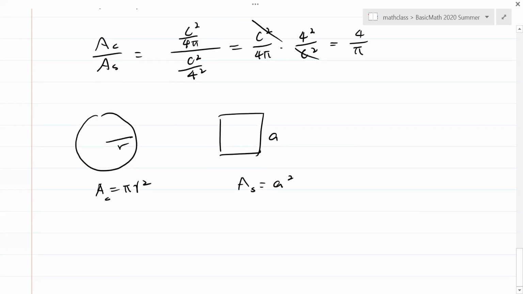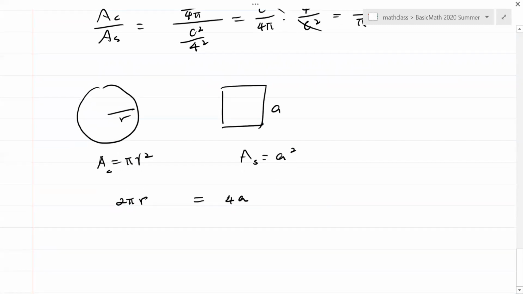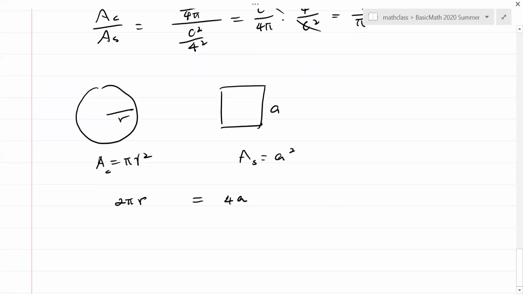What we are given is they have the same perimeter. The perimeter of the circle is 2 pi r, and 4a is the perimeter of the square. So that's the relationship between them. Then r over a is going to be 4 over 2 pi, which is 2 over pi. So that's the ratio of the radius to the edge length.